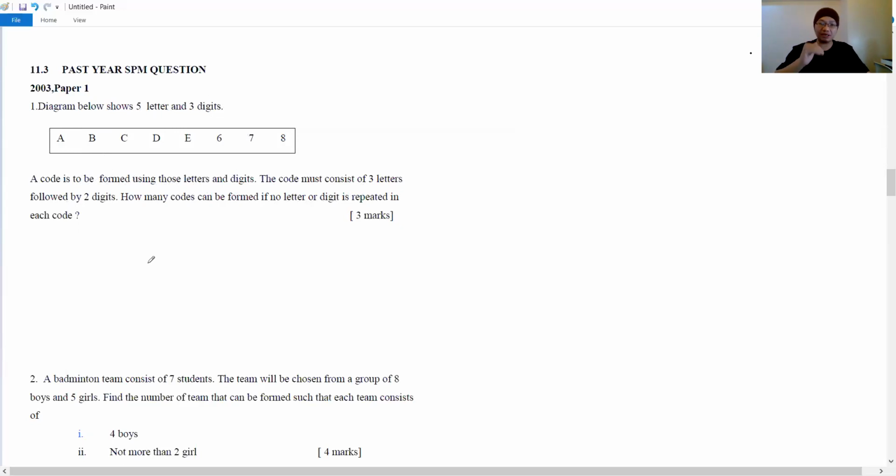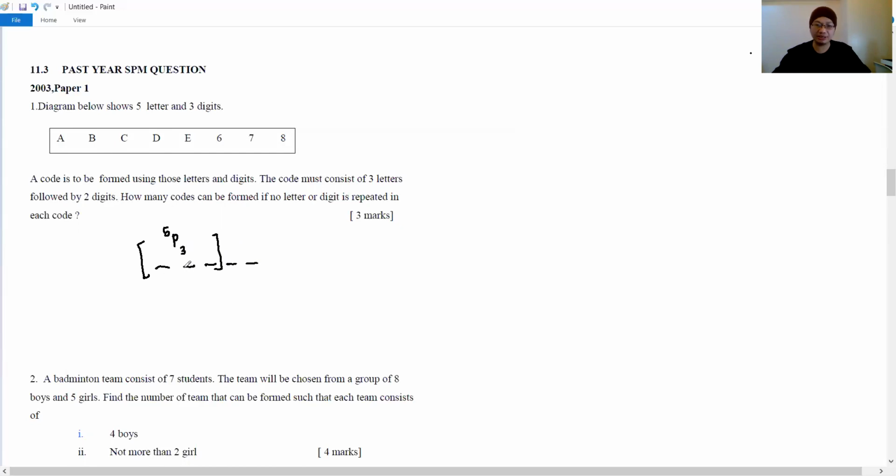Now we want to form a code. The code must be 3 letters and 2 digits. That means 5 places. The first 3 will be for the letters. How many letters do we have? We have 5 letters and we want to arrange 3.